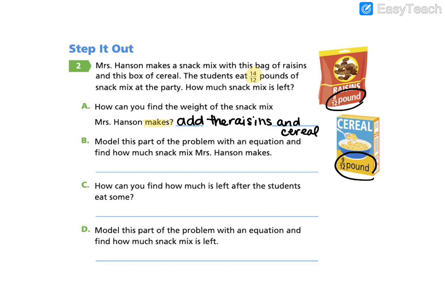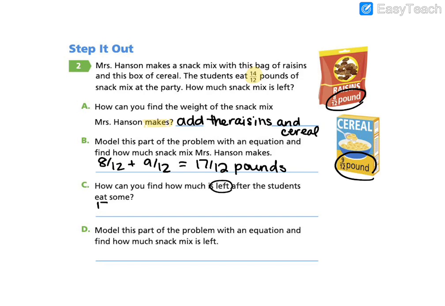Letter B asks us to model this part of the problem with an equation. So we have our 8/12 of a pound of raisins plus our 9/12 of a pound of cereal. Go ahead and solve. How many pounds is that? And that's equal to 17/12 pounds of trail mix. Now we need to find how much is left.